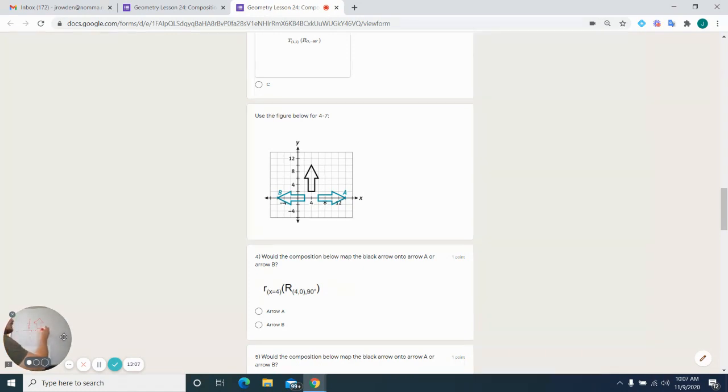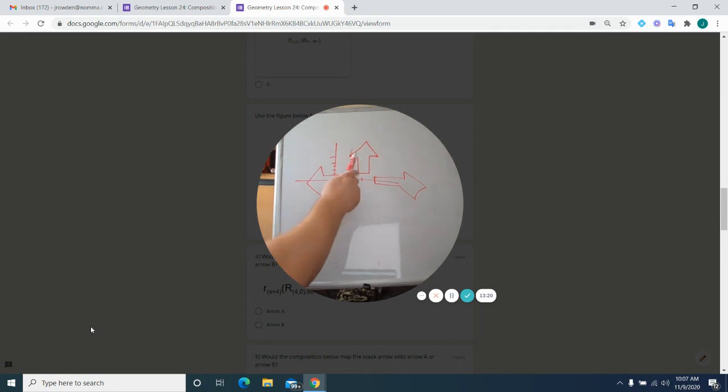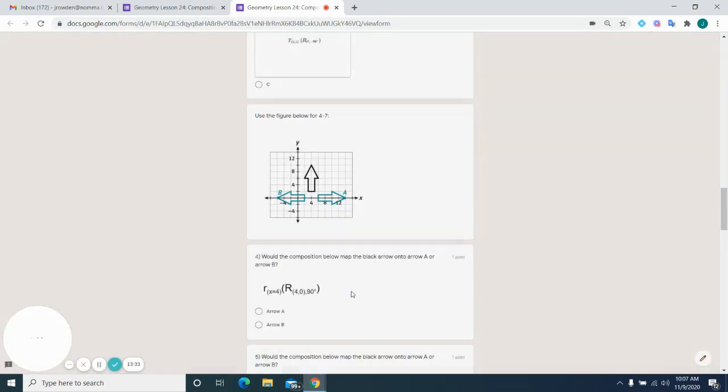And then okay, so once again, I drew it kind of fast. I'm not making it perfect, but you start right here. Here's the point, 4, 0, and you can either turn it into this arrow over here or this arrow over here. And just to keep track, the arrow on the right is A. The one on the left is B.